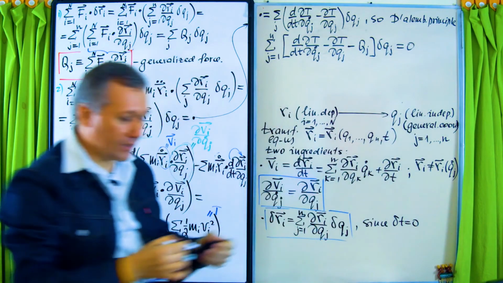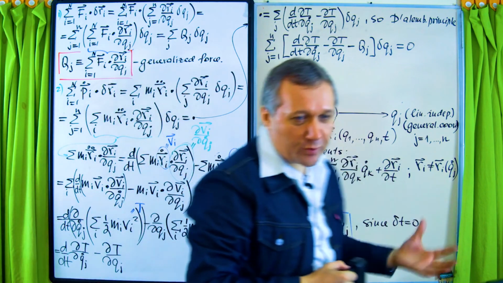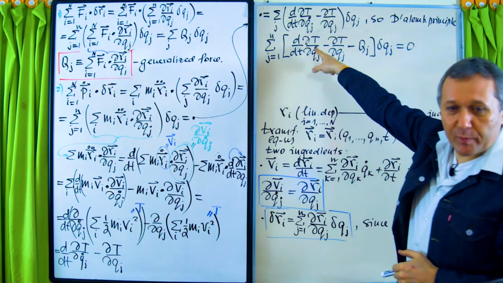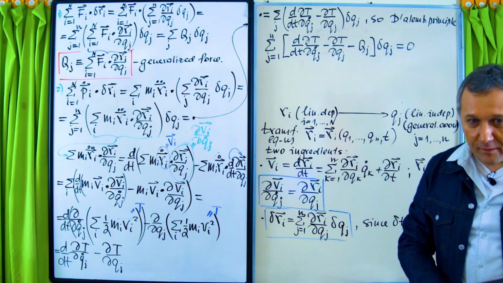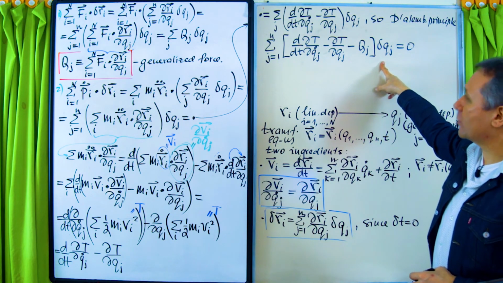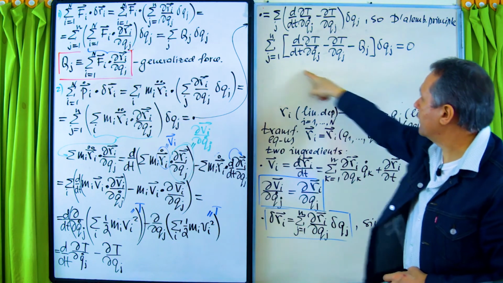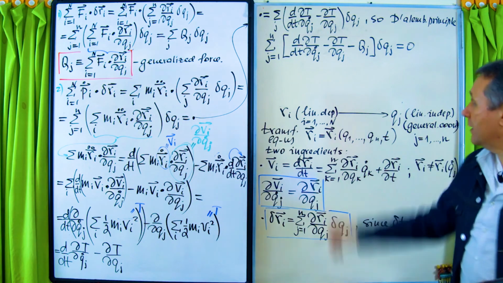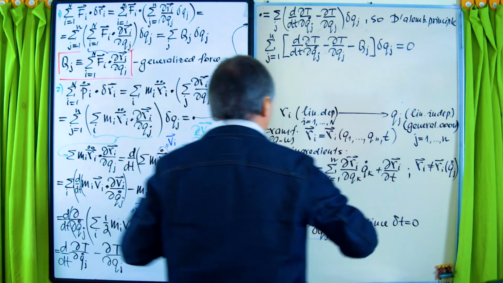So this is a new form of D'Alembert's principle written in terms of generalized coordinates. Of course, that T must be written in terms of generalized coordinates and so on. And now, since delta qj's are linearly independent, this can be correct only if all of these factors in front of the delta qj's must be equal to 0.